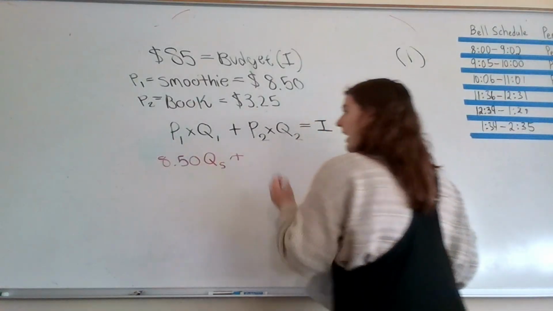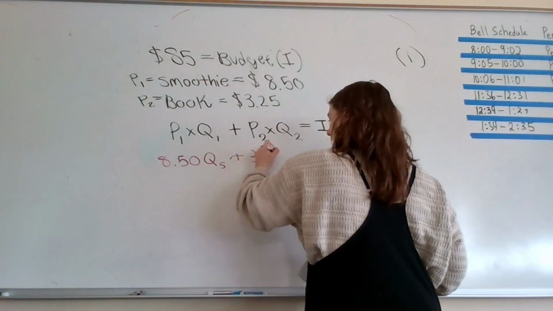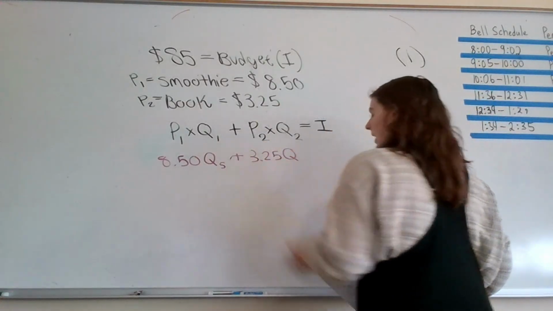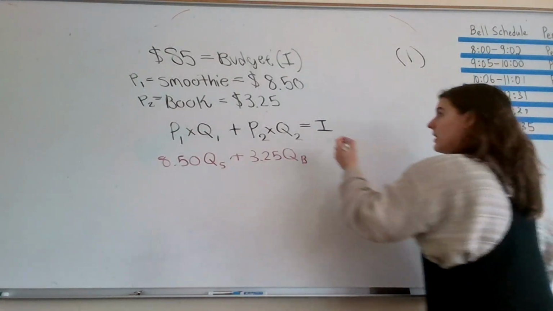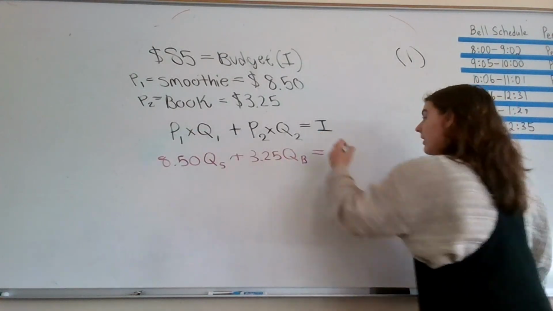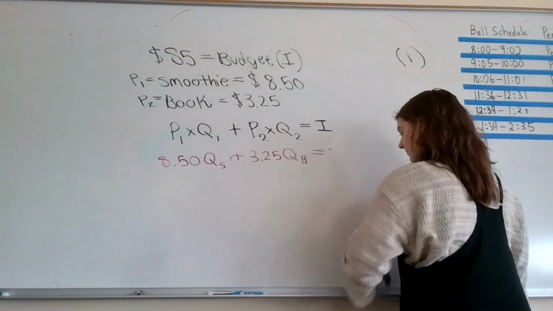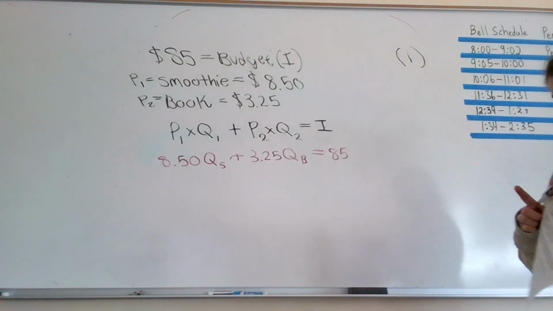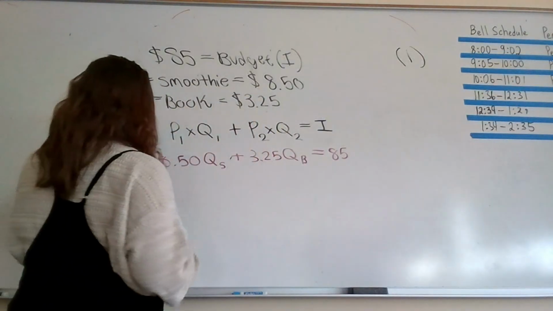We add to that our books. Our price of a book is $3.25. We multiply that by our quantity of books, and that's going to be equal to our budget. And our budget is $85. We have $85 to spend. And that is the answer to the first part of Question 1.